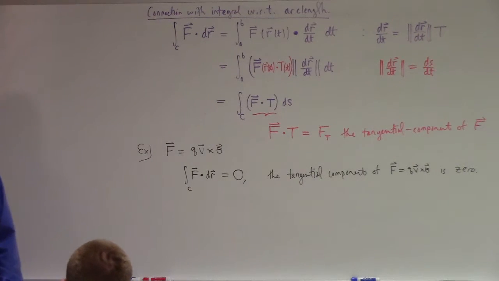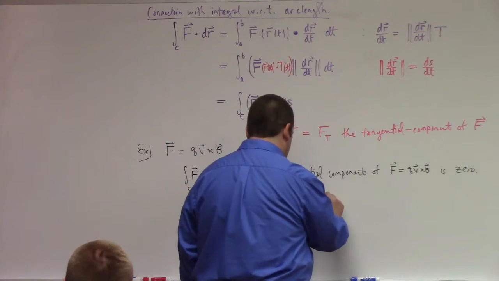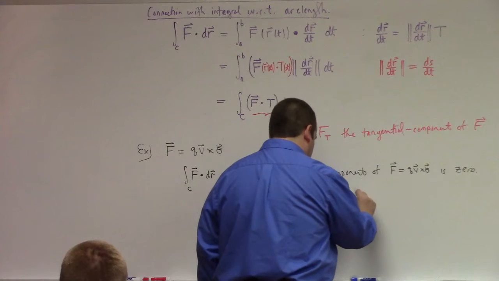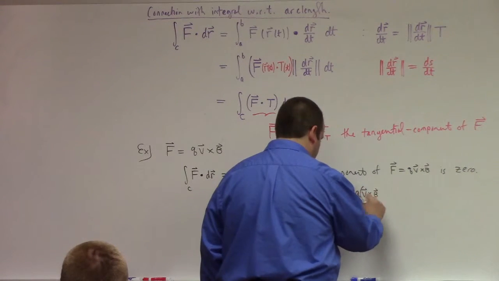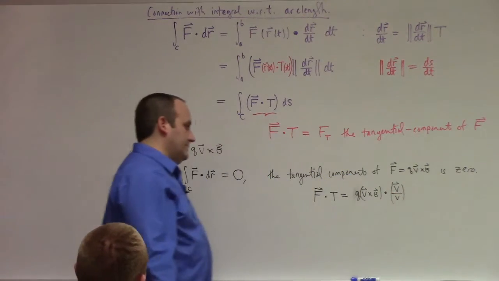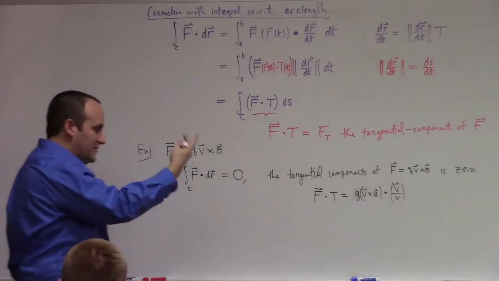Right? If you don't believe me, f dot T is f dot, well, it's q v cross B dot product with v over speed, right? v over speed is T. Take the velocity, divide by the speed, that's the unit tangent. What's the dot product of a cross product where one of the vectors is being crossed? v cross B is perpendicular to v, right?